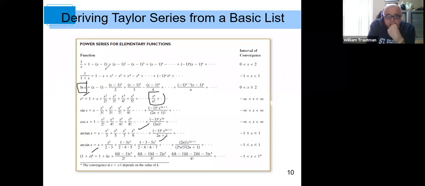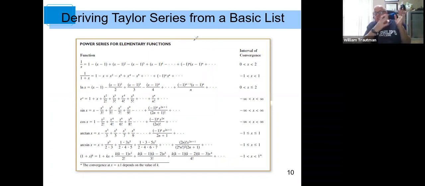Natural log. But in the homework, we're going to be using this power series, or what do they call this, just the basic list of Taylor series, to create a list of terms or another series from this.